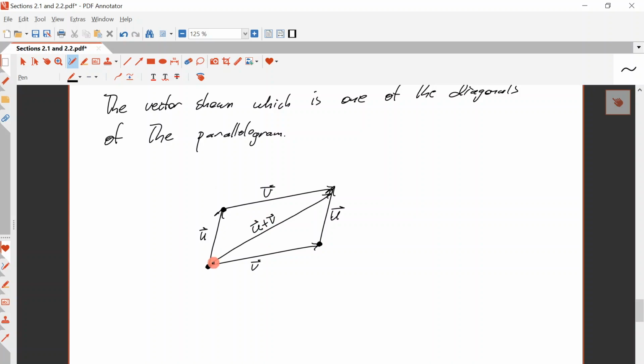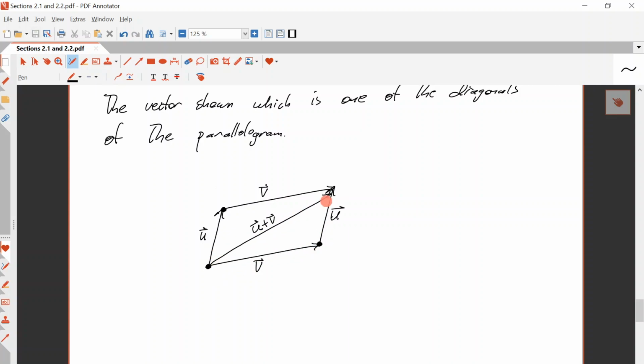So the tail of u plus v is the common tail of u and v. And the head of u plus v is the common head of u and v. So you have this parallelogram made by the vectors u and v, two copies of u, two copies of v, drawn tail to tail and head to tail. And then the sum is just these two right here.